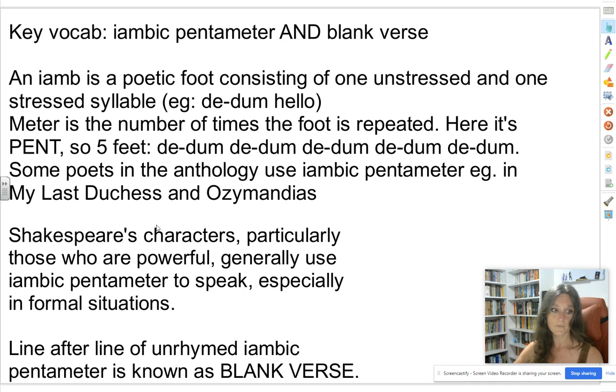So those two, not blank verse. However, in Shakespeare, someone like Macbeth doing a soliloquy talks in blank verse. You just might get a rhyming couplet at the end, so the actor playing Macbeth knows that that's the end of his speech. Okay, so line after line of unrhymed iambic pentameter is called blank verse.